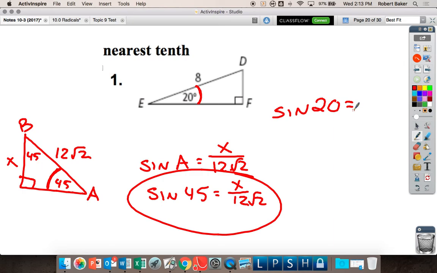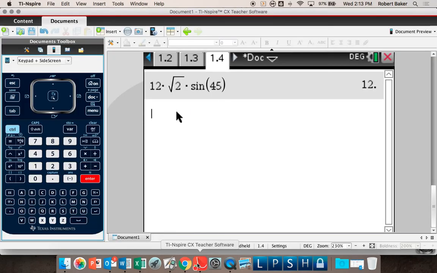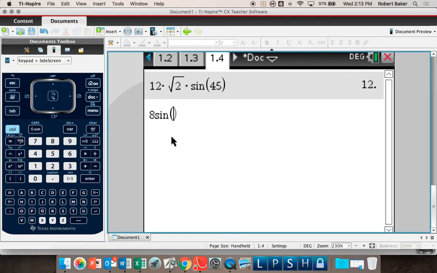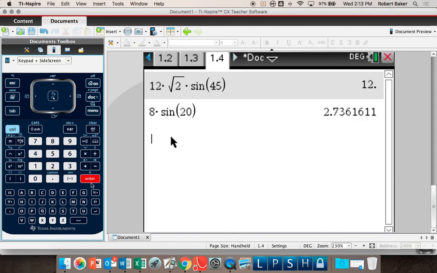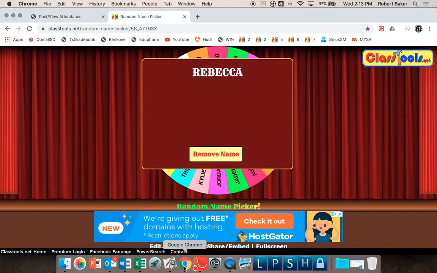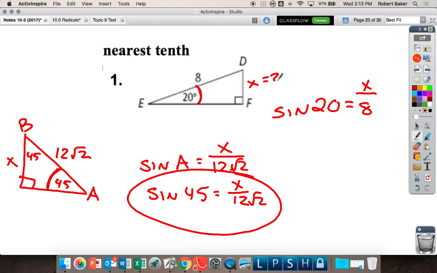What's opposite of the 20? X. What's the hypotenuse? 8. So you could put in your calculator now 8 sine 20. And guess what? The side that we just solved for is 2.73 long. That's where this is going.